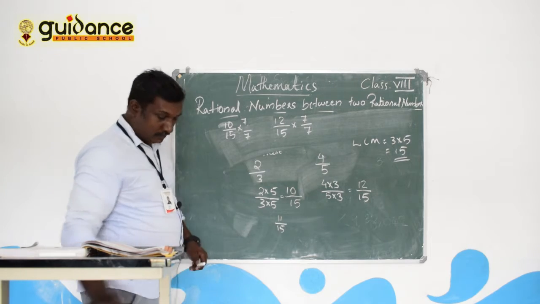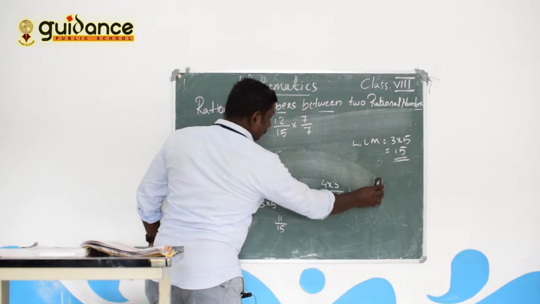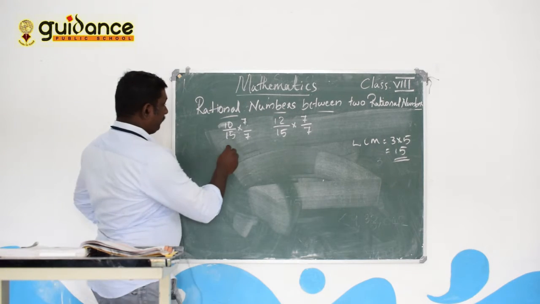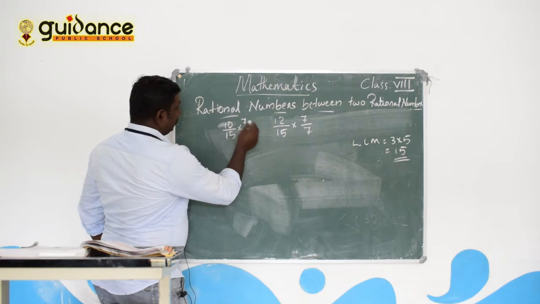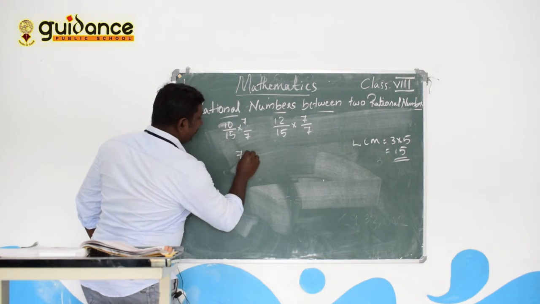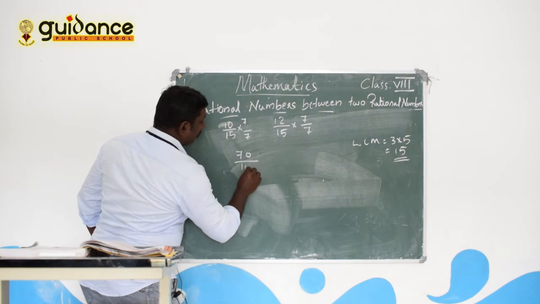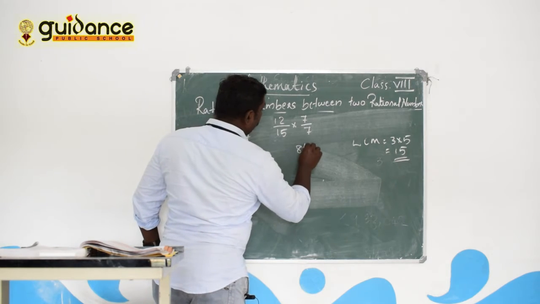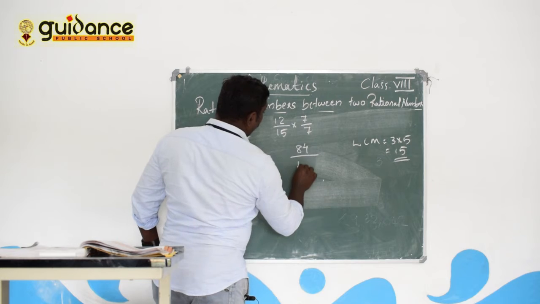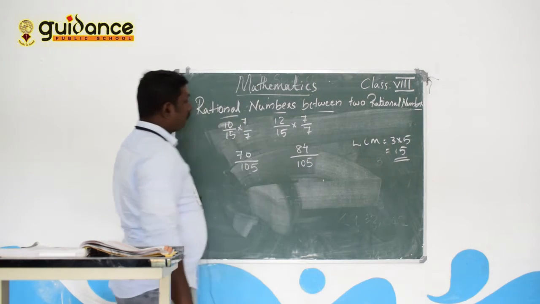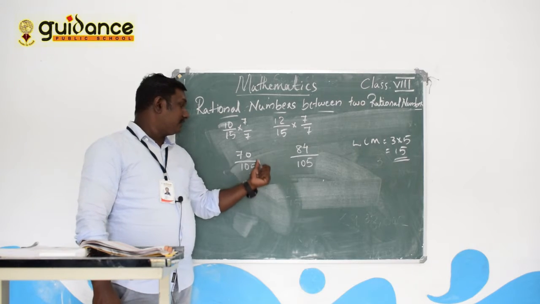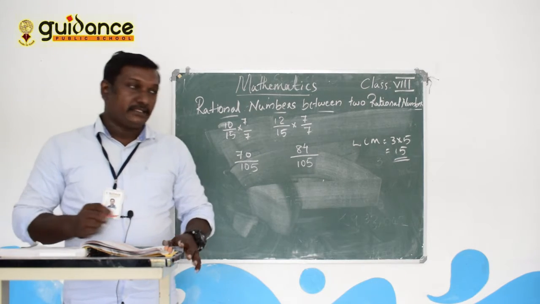So we got 10 into 7, that is 70 by 105, and 84 by 105. Look here, we multiplied with 7.